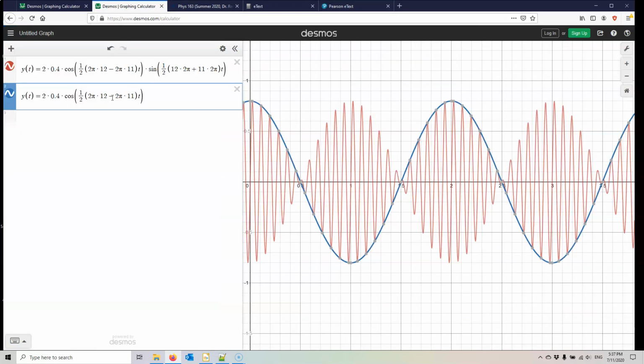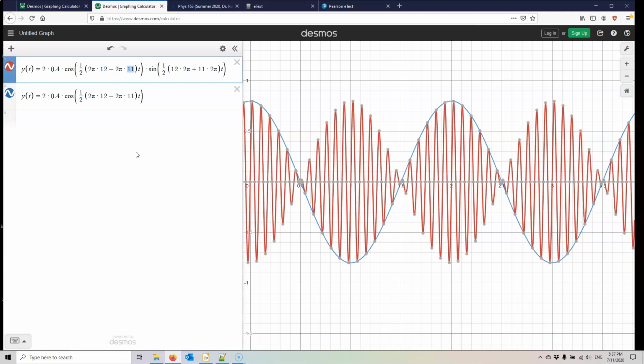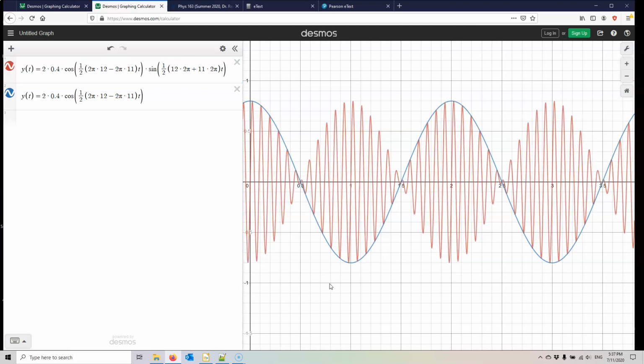So the frequency of the blue function is a half times the difference between 12 and 11. So half of 1, that's a half. Let's check. Indeed, it takes 2 seconds for this function to complete one full cycle, to go from a maximum to the next maximum. So half times the frequency difference is the frequency of this modulating function, this envelope function.